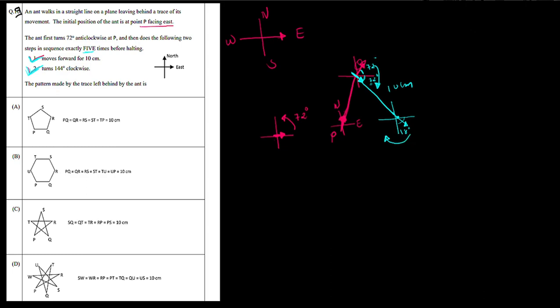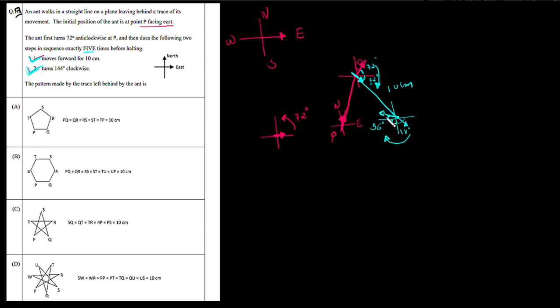So if you make the angle between this arrow 144, our ant will be turned in this direction. Its head is facing in this way, and this angle is 36 degrees, and this is also 90 degrees.